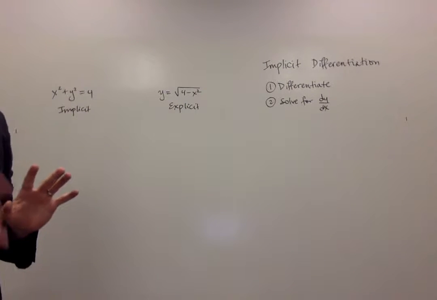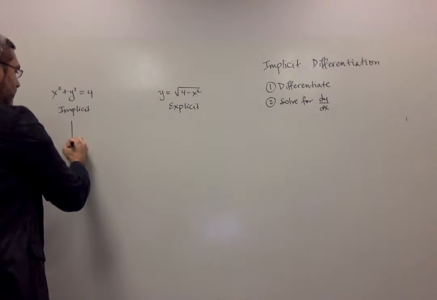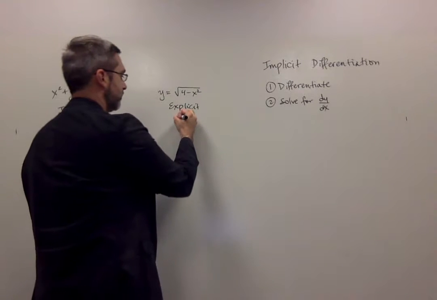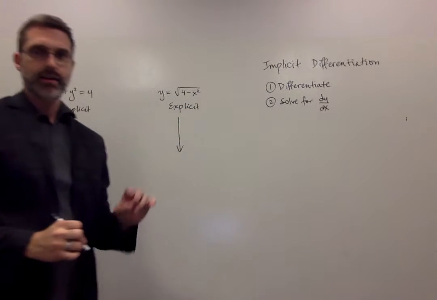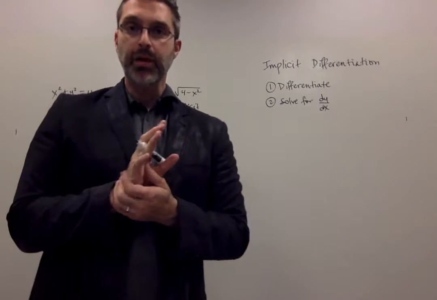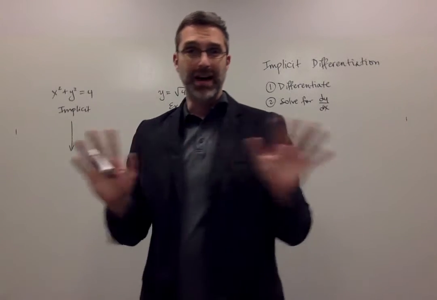And one of the things that we figured out is that I can differentiate the equation and get the derivative in a similar way to differentiating when we're solved for y. The nice part, though, is that there are many equations where we can't possibly solve for y.